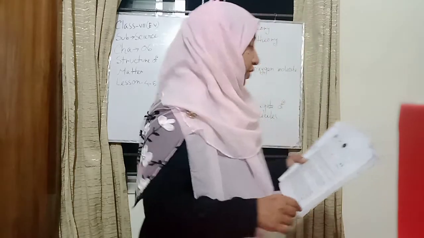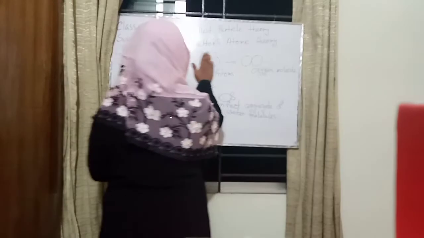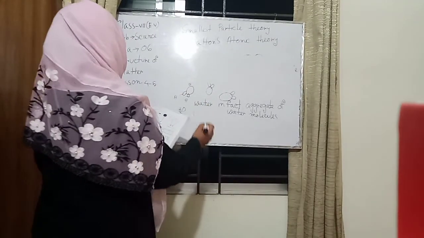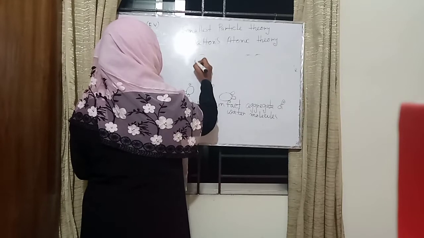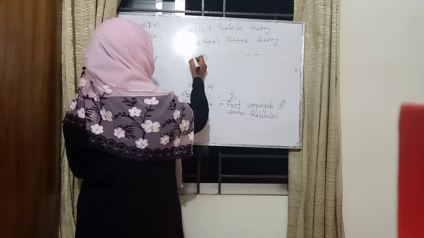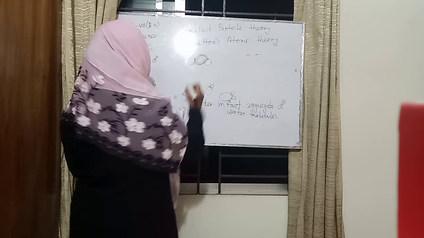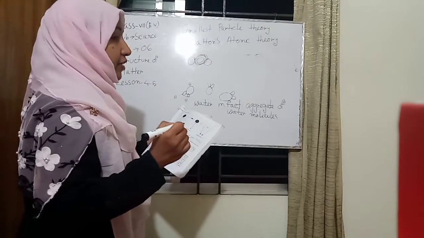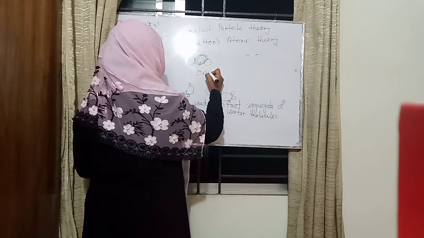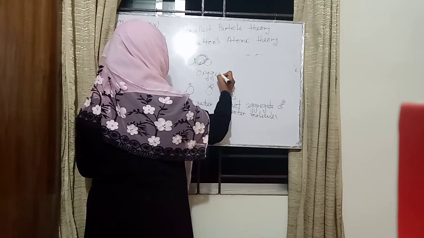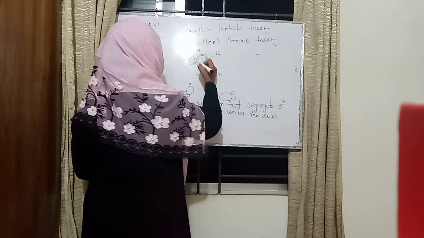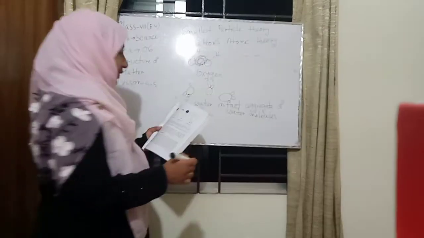Now, my dear students, again I also draw this structure. Yes, this is the structure I draw. This black structure is the oxygen, and these two structures are the hydrogen atoms. Here is the hydrogen, here is the hydrogen, and this structure is the oxygen.